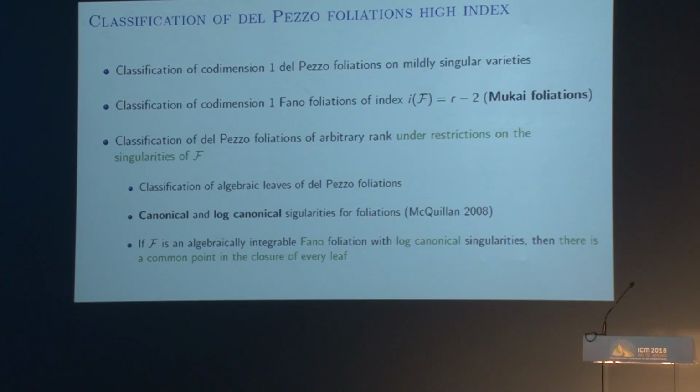For instance, one important property that we proved is that if you have a Fano foliation of arbitrary rank, and here I'm not restricting to del Pezzo, any Fano foliation which is algebraically integrable and has log canonical singularities has this very special property that there is a common point in the closure of every leaf. This is definitely not true if you drop the log canonical assumption, or if you drop the Fano assumption. This was a key property that we used in all our proofs.